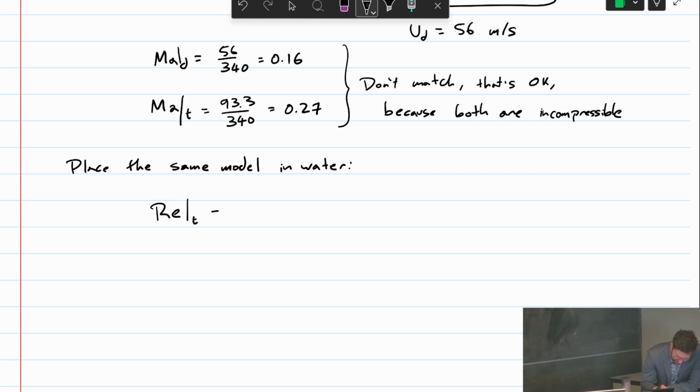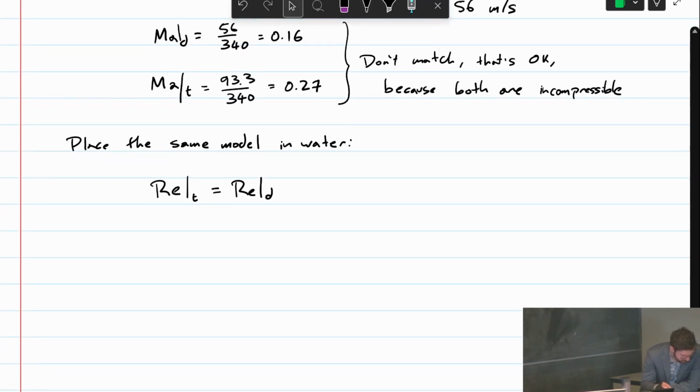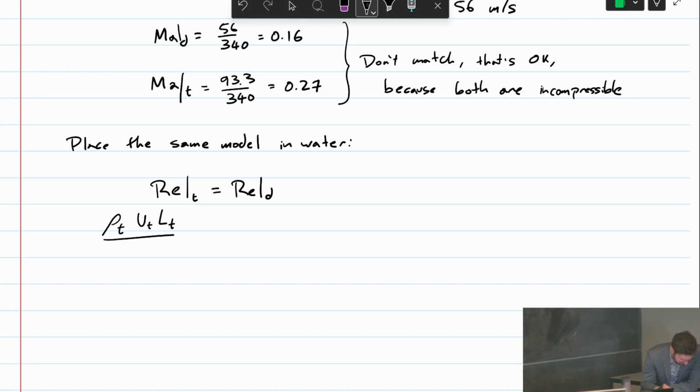Again, our test Reynolds number has to match our design Reynolds number. I'm going to use a different form of the Reynolds number here, but they are equivalent. We calculated our design Reynolds number up above. It's 2.13 times 10 to the 7.